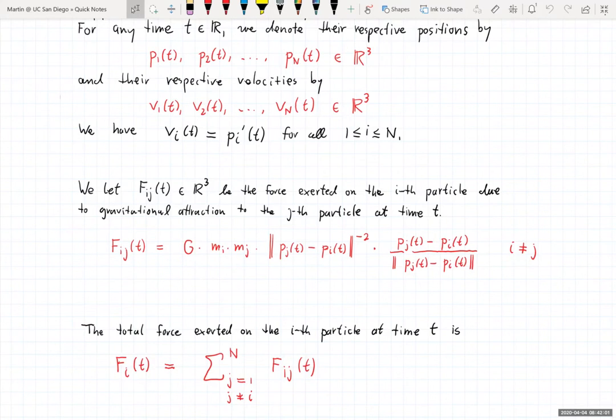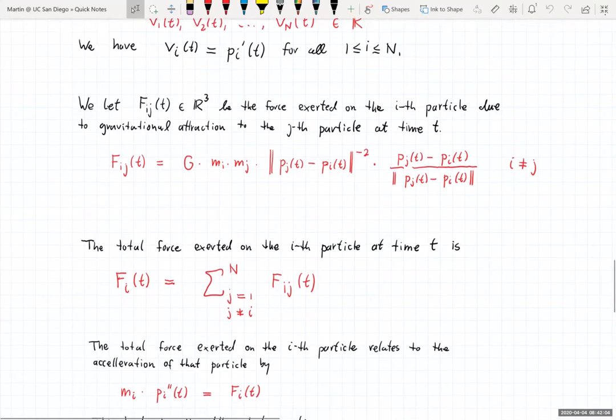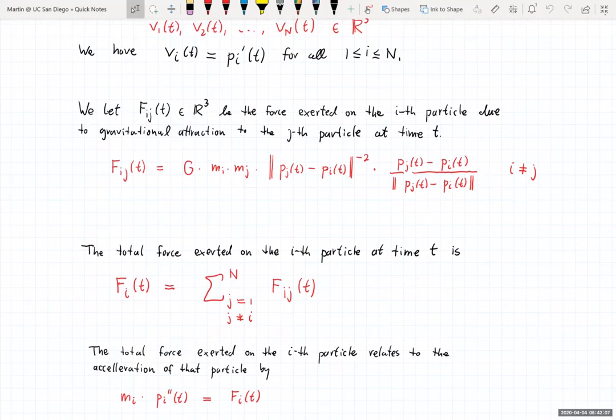Now working towards an ordinary differential equation, or rather a system of ordinary differential equations, we use again an important fact of Newtonian dynamics, an important fact of classical physics, namely the total force that is exerted on the ith particle is related to the acceleration that this particle experiences by the formula m_i times p_i double prime of t is equal to F_i of t.